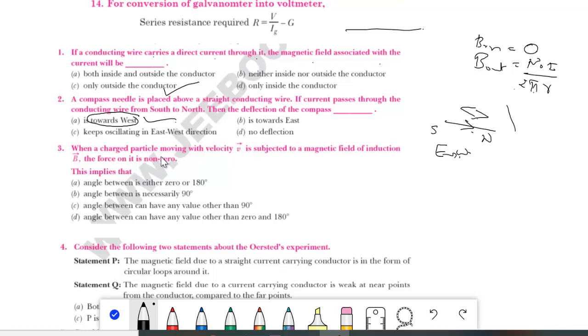When a charged particle moving with velocity v is subjected to a magnetic field of induction B, the force on it is 0. This implies that the total force acting on it is equal to 0.